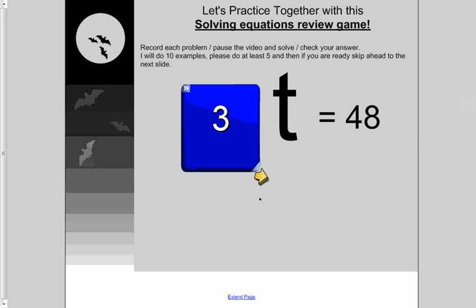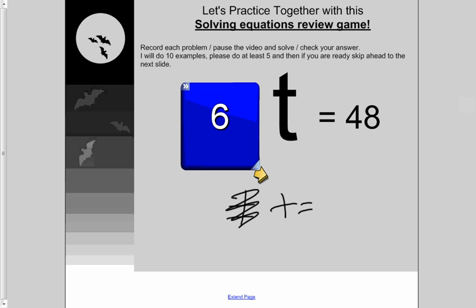All right, and you should have gotten t is equal to 16. Next problem. That one we had, so we'll try again. 6t equals 48. Go. All right, you should have gotten t equals 8.